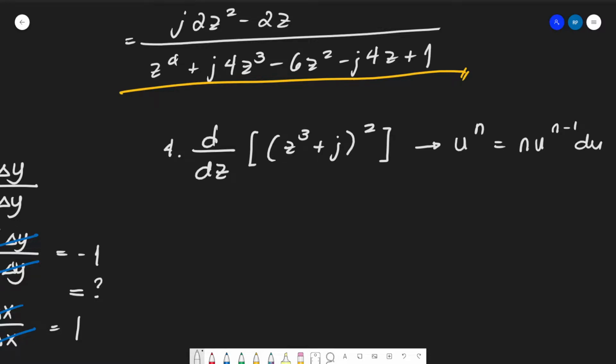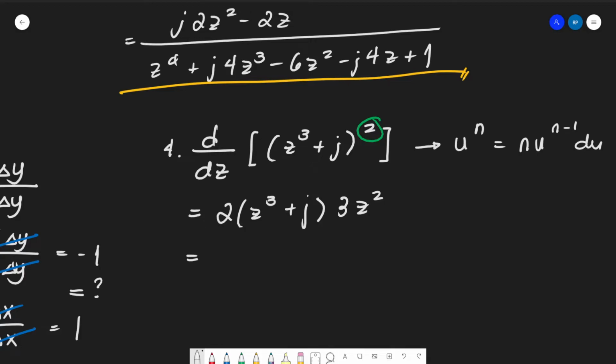Okay, so how do we evaluate this? So, we have n in the form of 2. So, we have 2 times copyahin nyo lang yung nasa baba, z cube plus j. 2 minus 1 is 1, so hindi ko na siya isusulat. Then du. What is the derivative of z cube plus j in terms of z? We have 3z squared.